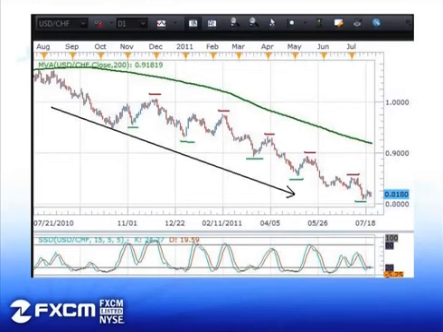So conversely, this high is lower than that one. This low is lower than that high. This low is lower than that high. So you see how it's kind of stair-stepping to the downside? That's what I mean when I say lower highs and lower lows. So we can eyeball this chart from across the room. It's moving down. It's below the 200-period moving average, and it's also making lower highs and lower lows, downtrend.